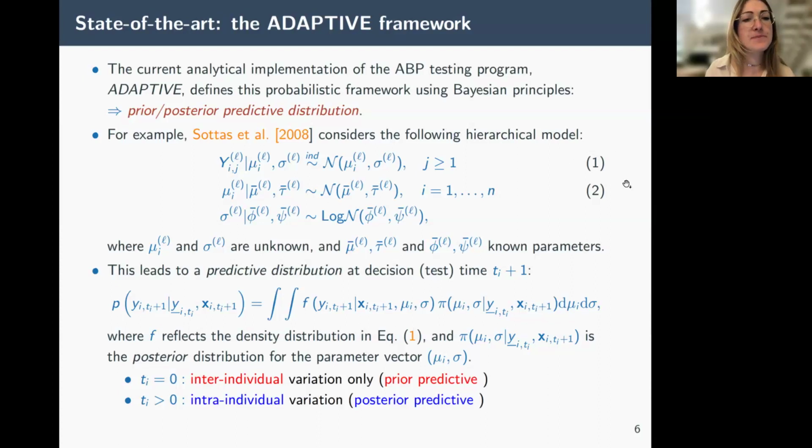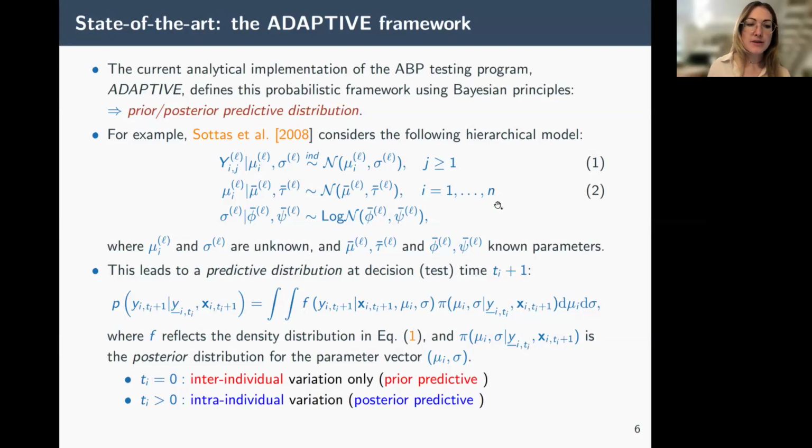And as you can see here, equation number one defines the variations occurring within the same individual, while equation number 2, so with equation number 2, I refer to both of them, defines basically some population-based characteristics.